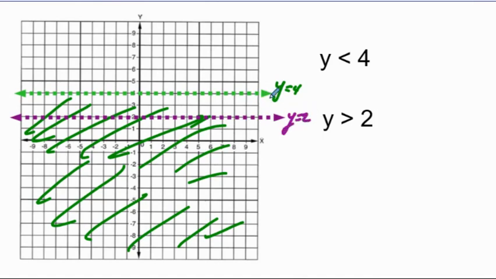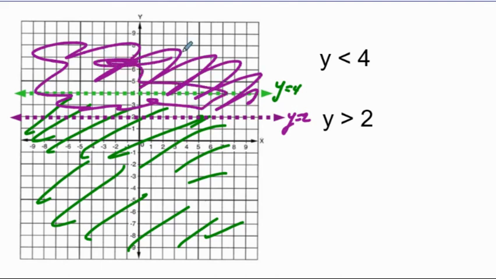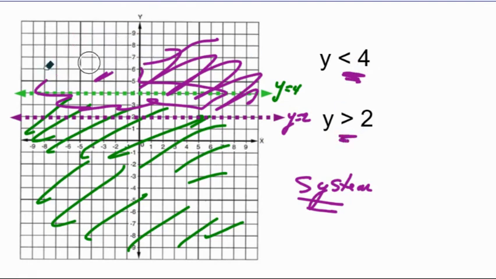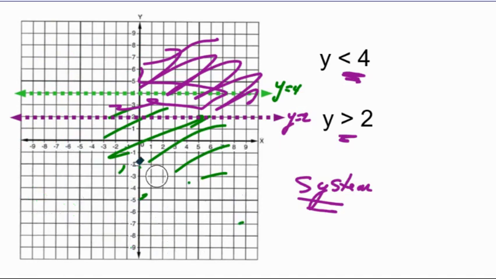And this one says everything above that line. Okay. That's kind of messy. And when you have a system, you look for the ones that meet both of them. So it has to be less than 4, bigger than 2. So I'm just going to clean this up a little bit here.